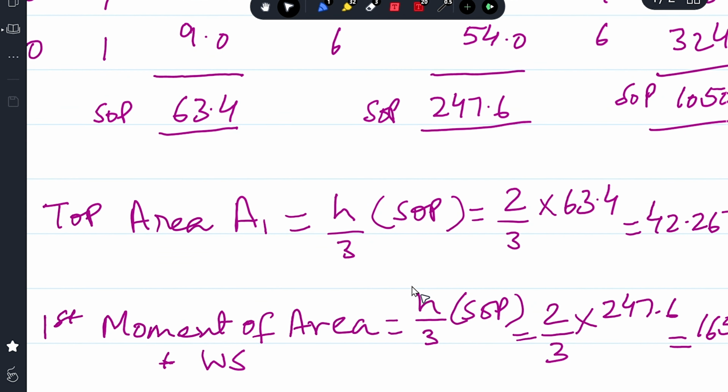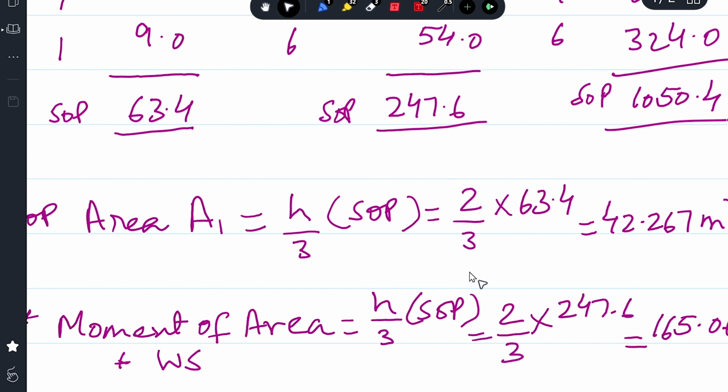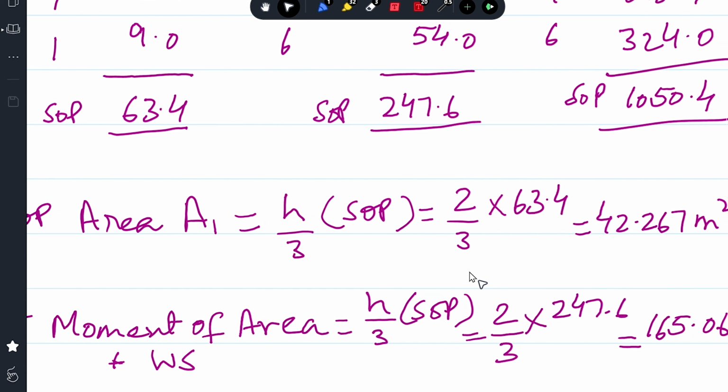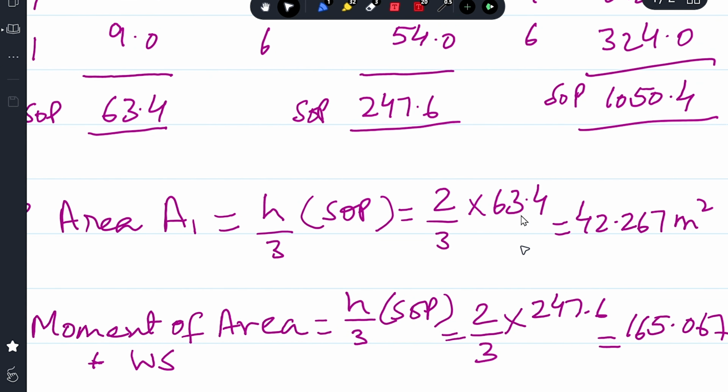Okay, what will be the area A1 then? Simpson's rule number 1, h by 3 into the sum of the products. h is 2 meters, so 2 by 3 into the sum of the products, 63.4, and we get the top area A1, 42.267 meters square.